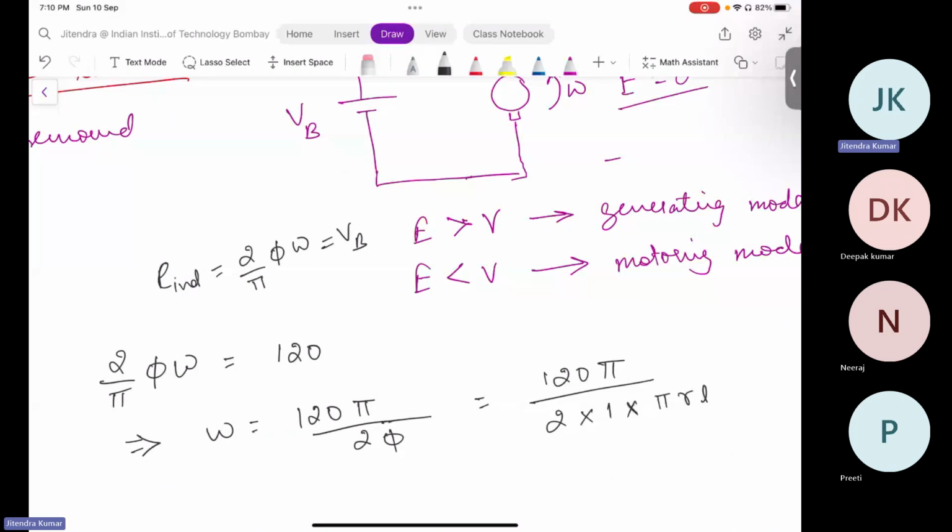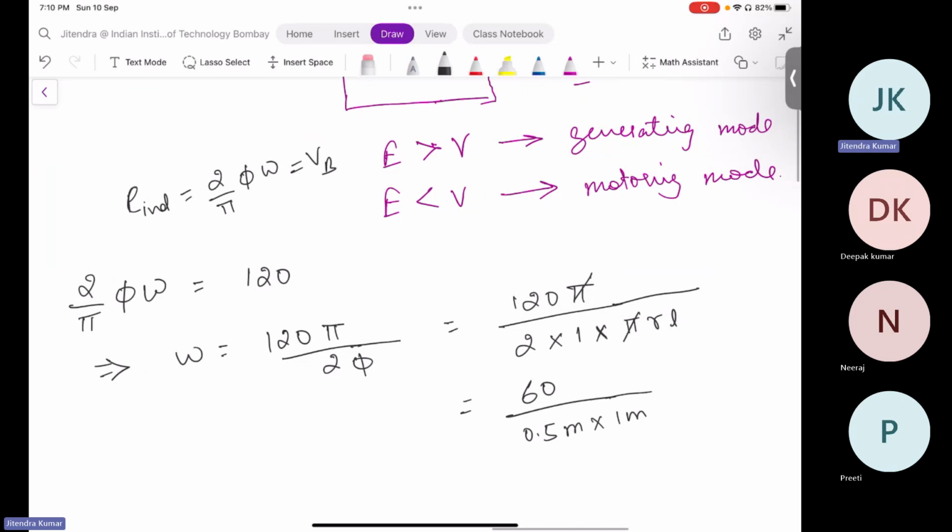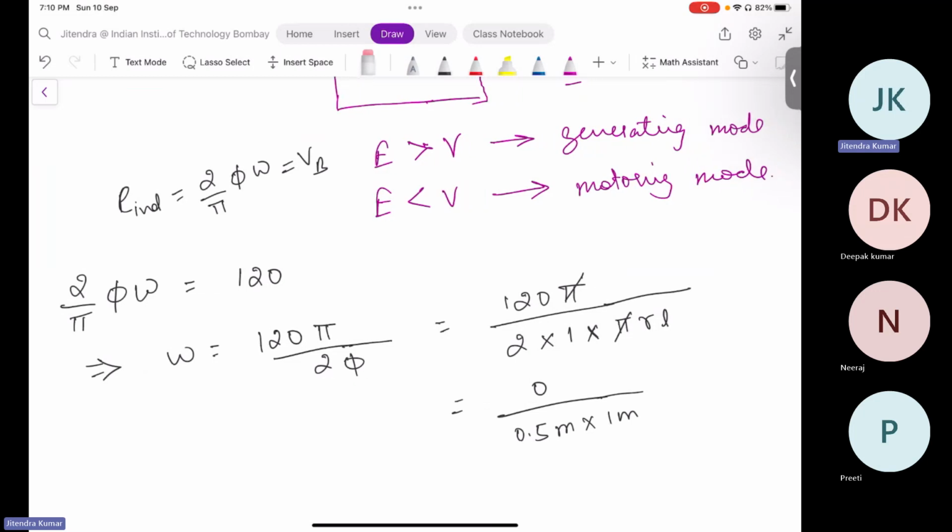So this pi and this pi will be cancelled. So it will be 60 divided by RL. R was 0.5 meter and L was 1 meter. 120 divided by 2.